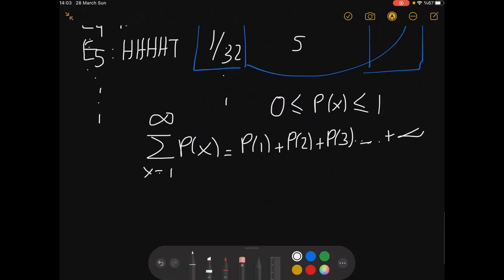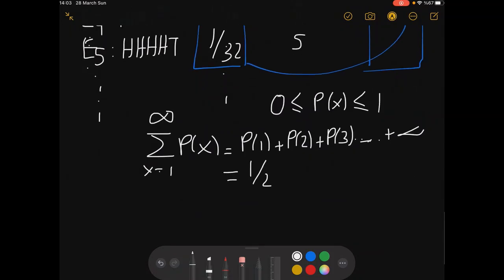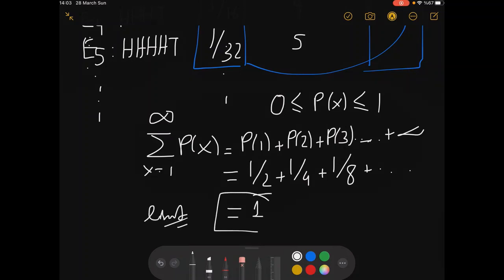So it should correspond to 1/2 plus 1/4 plus 1/8 plus dot dot dot. So when you apply a limit theorem here, the total of this value would be equal to 1.